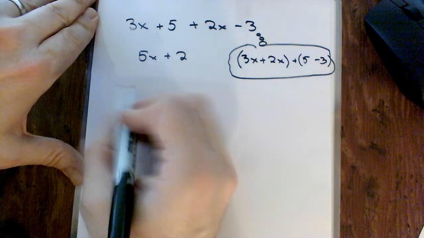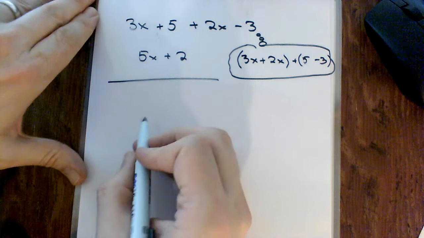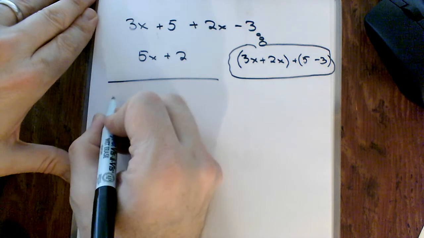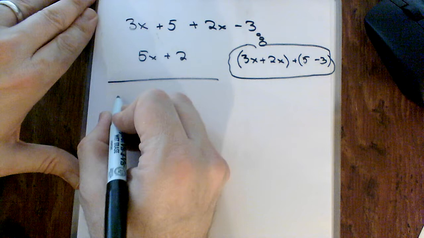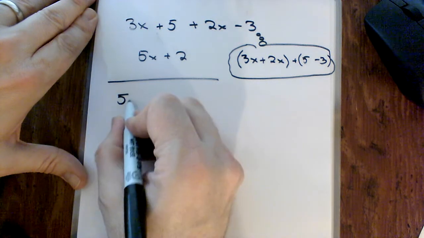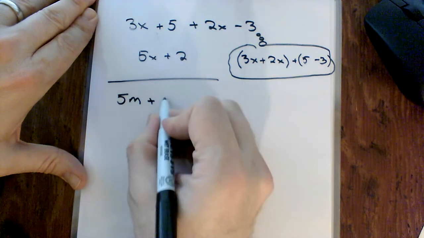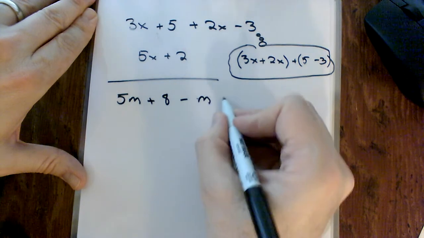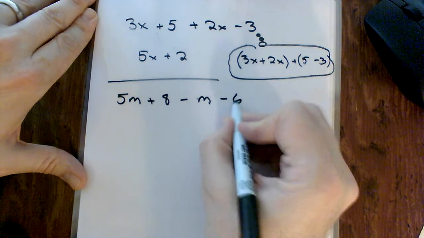Let's do this again. Let's say I've got something along the lines of 5m plus 8, and I'll do minus an m, and then minus 6.